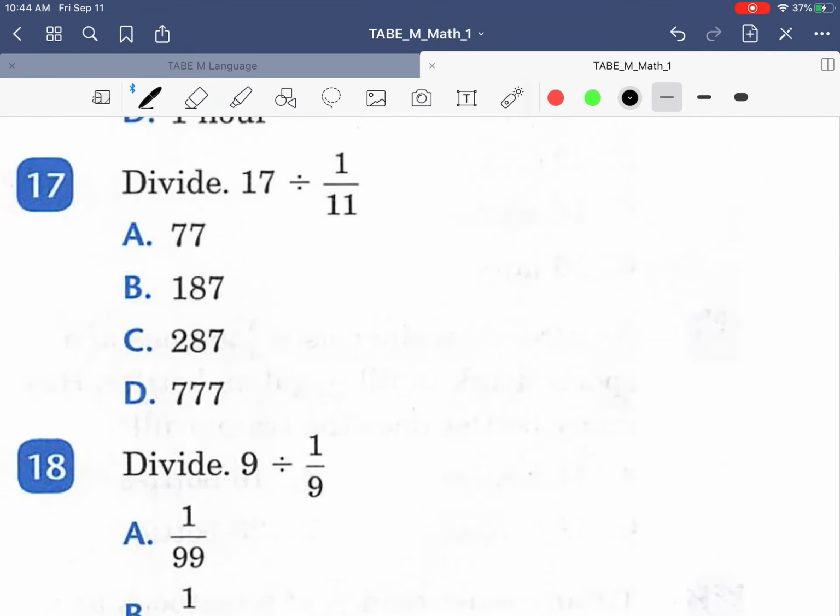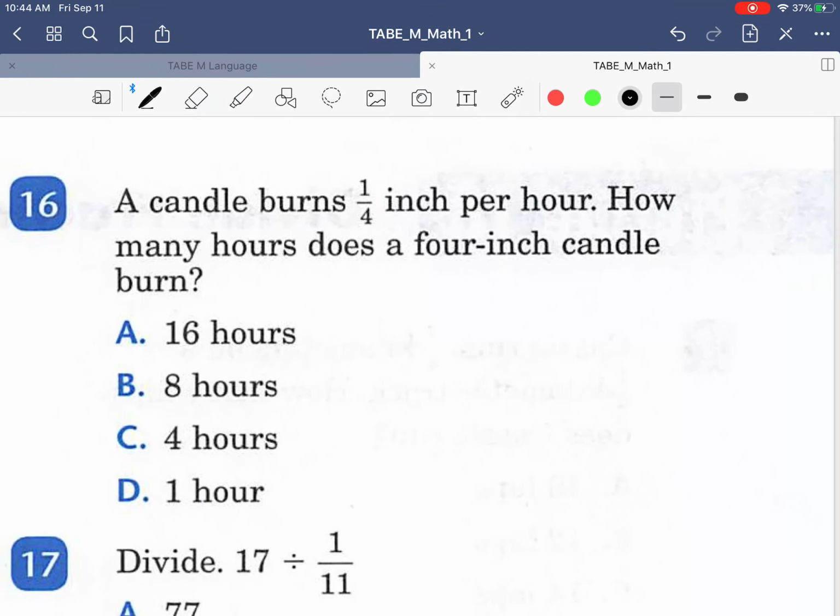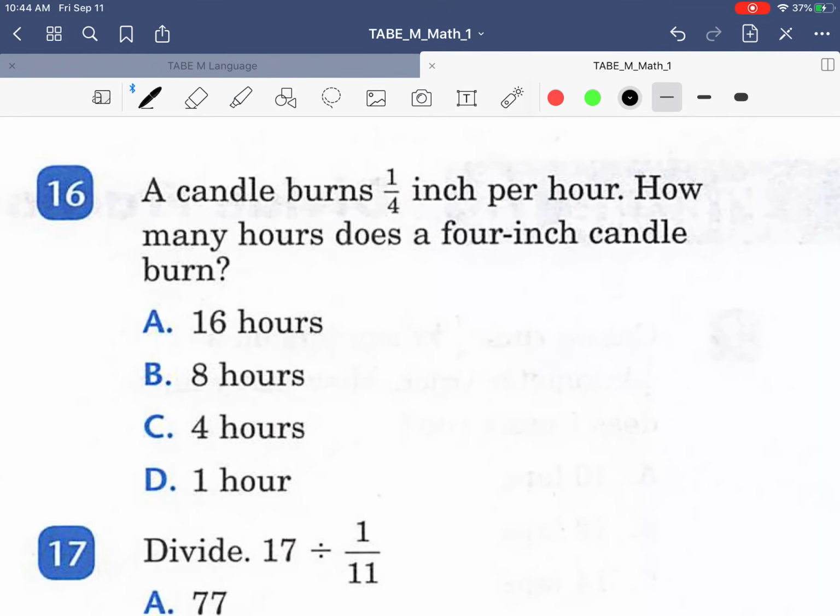Number 16. A candle burns 1/4 inch per hour. How many hours does a 4-inch candle burn?